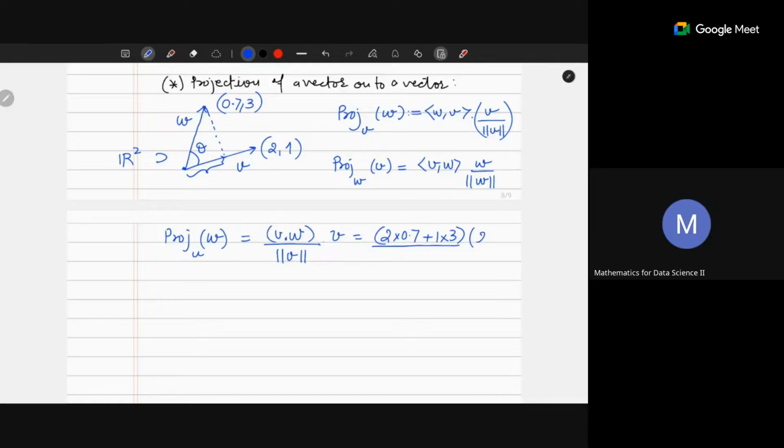Divided by the square root of 2 squared plus 1 squared. You will get 1.4 plus 3, 4.4 by root 5. This is a scalar. You need to multiply by (2, 1). You will obtain 8.8 by root 5, 4.45.